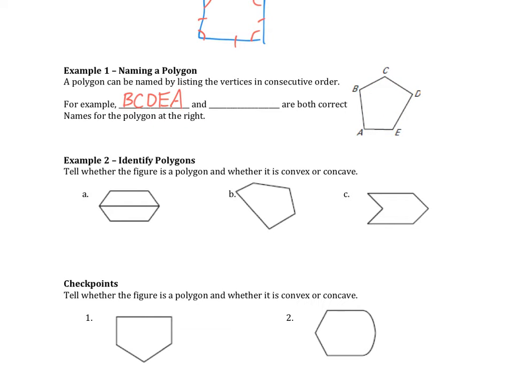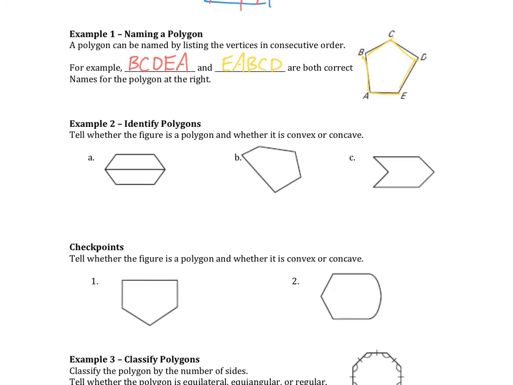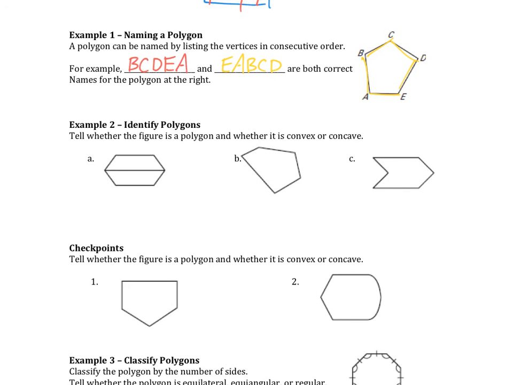Another way would be if you start with E, we could go E, A, B, C, D. That would work. That means the same thing, just you start with a different letter. So when naming a polygon, just pick a letter to start with and work your way around the polygon.